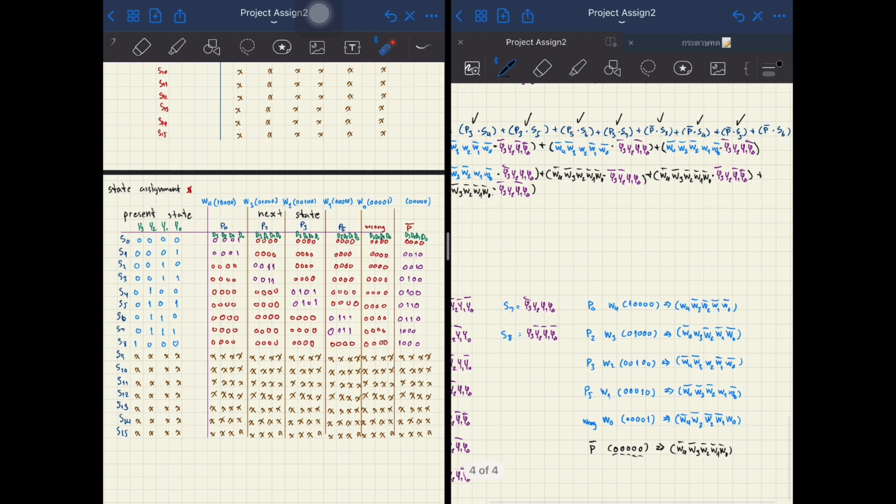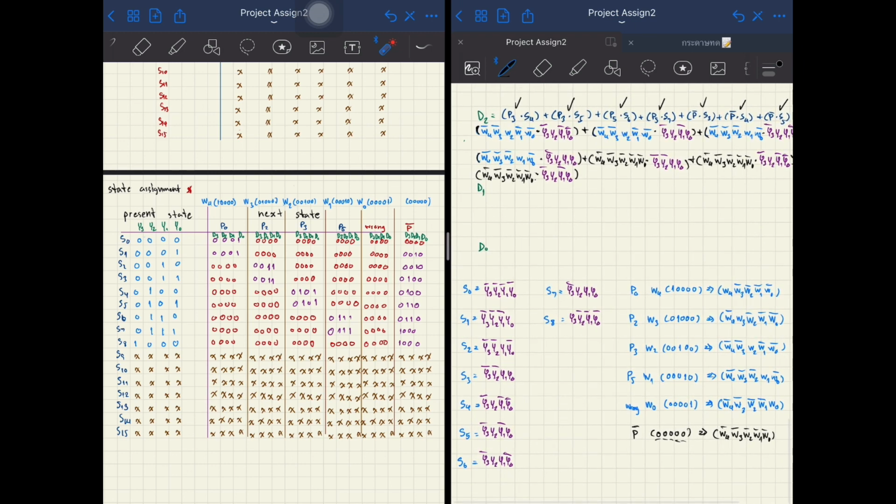P bar and with state 6. P bar, this thing, copy, and with state 6, right? State 6.